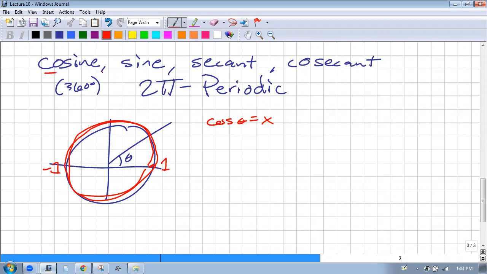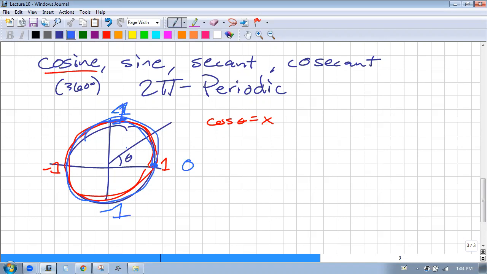So cosine, being the x coordinates, is 2 pi periodic. Sine is just the y coordinate. Up here it's +1, down here it's -1. So for sine, the y coordinate starts off at 0, goes to 1, back to 0, down to -1, back to 0, and then it repeats.